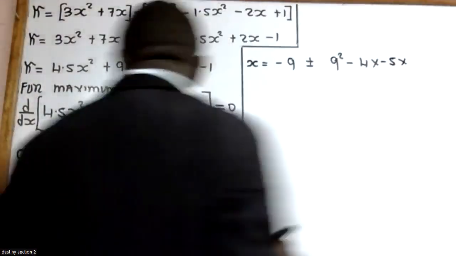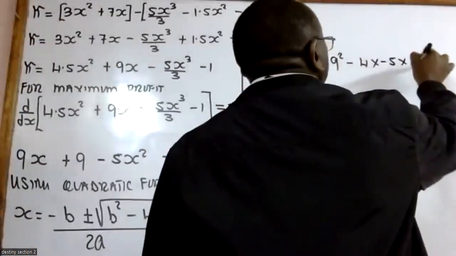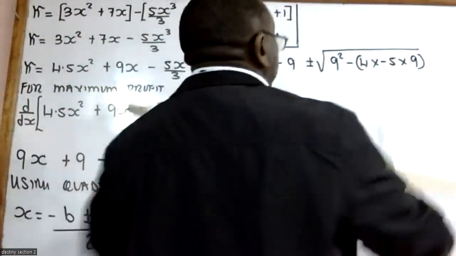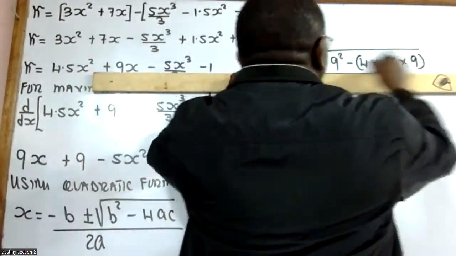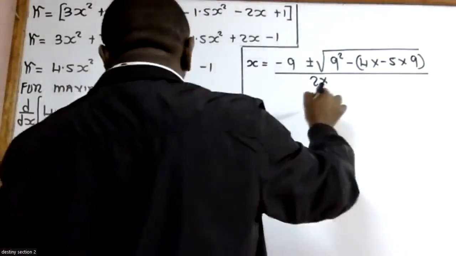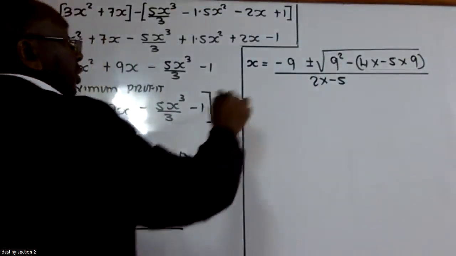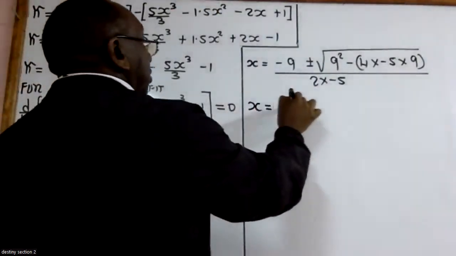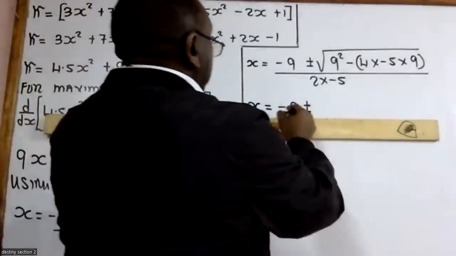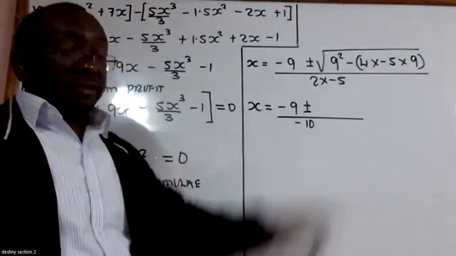And c is the one that does not have an x, so times 9. This one, we are getting the square root. And after getting the square root there, you divide by 2a, so 2 times minus 5. So on solving, I would like you to proceed and tell me what is under the square root.